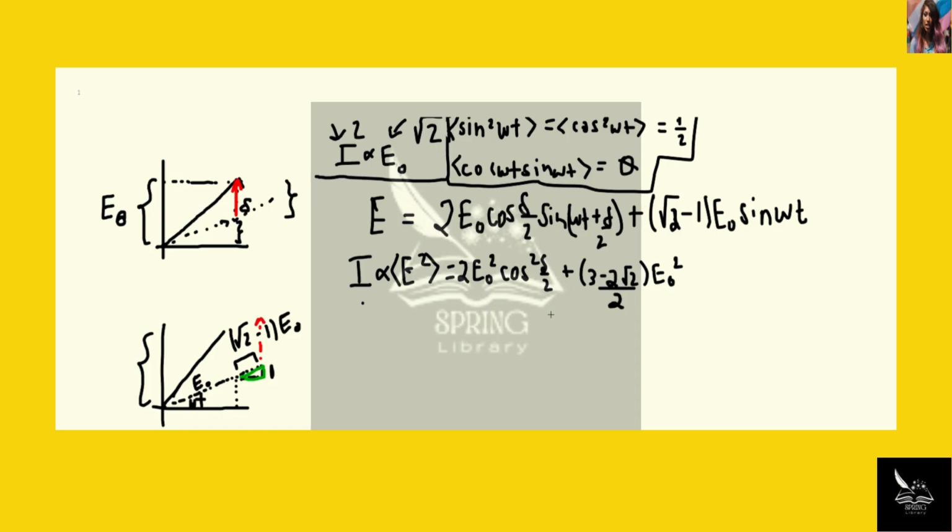And finally, the big old term is this product between the two. I'm going to start a new line for this term. So this is plus this whole term, double the product. So it's 4 times e naught squared cosine delta over 2 sine omega t.